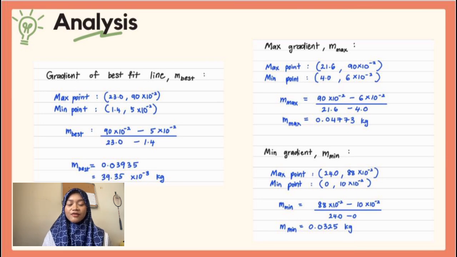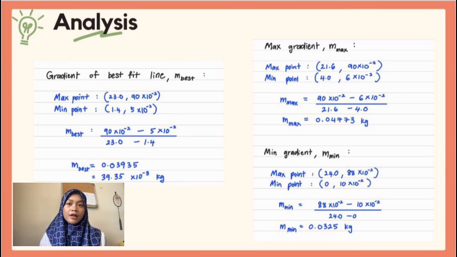Next, we have to find the gradient of the best fit line, maximum line, and minimum line. For the gradient of the best fit line, we have to find the maximum point and minimum point on the best fit line. So from the graph, the maximum point we take is 23 and 90 times 10 to the power of negative 2.